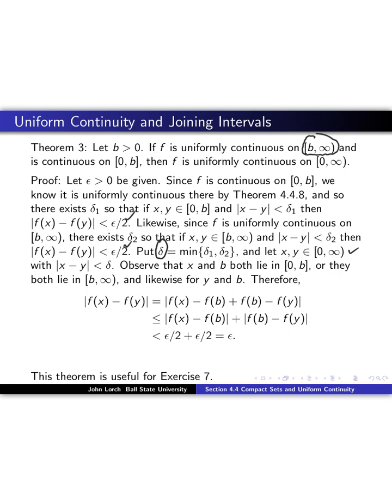Because we know that this delta is less than or equal to delta 2, and so we're good. If both x and y are in the little interval from 0 to b, then we're good because our delta is less than or equal to delta 1. So really the only concern is when b is between x and y.